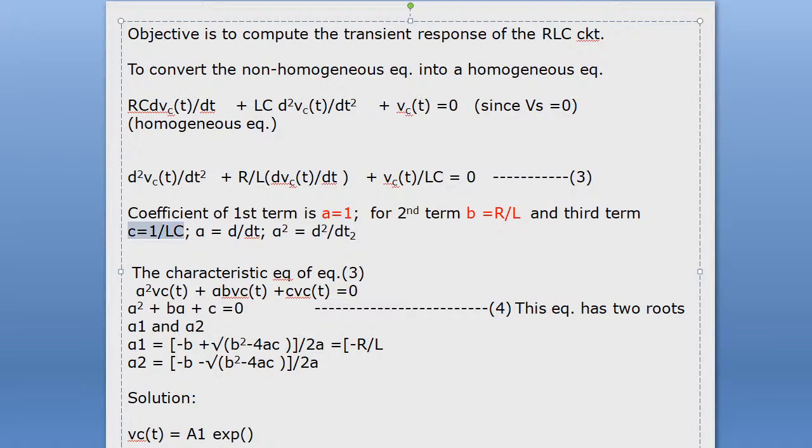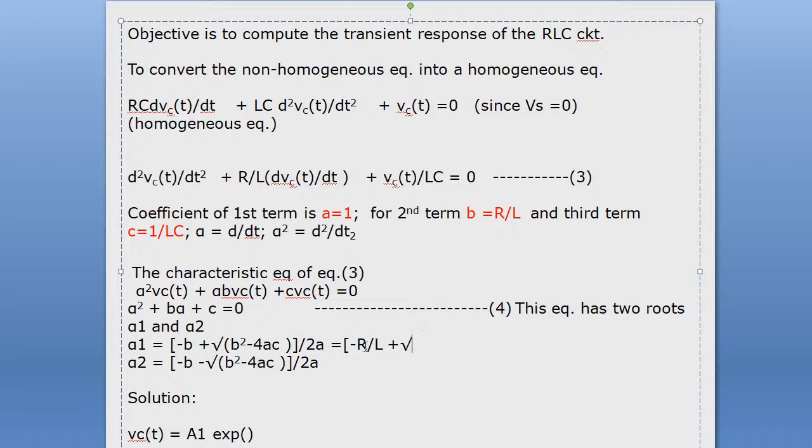Now everyone replace the values of A, B, C in terms of our circuit components: resistor, inductance and capacitance. So we can write minus R by L plus square root of, within bracket, minus r by l.